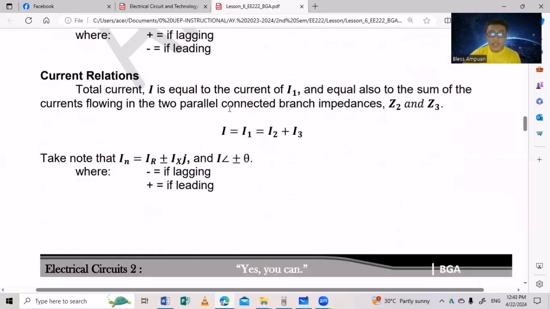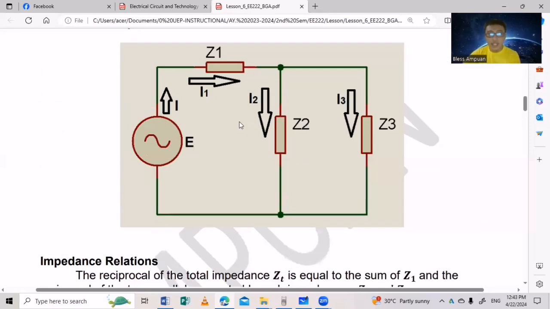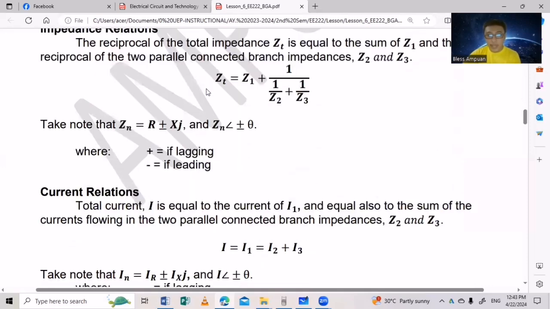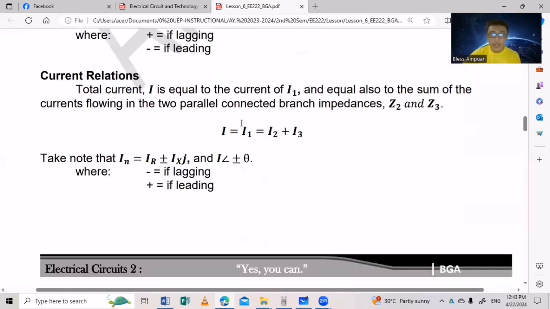In the current relation, we observe that the only currents that are equal are the total current and our I sub 1. And I sub 1 is equal to the vector sum of I sub 2 and I sub 3.